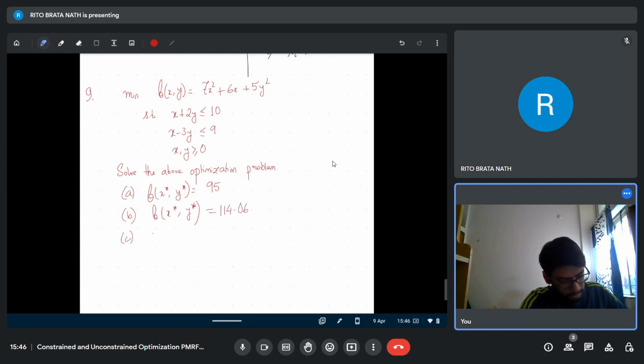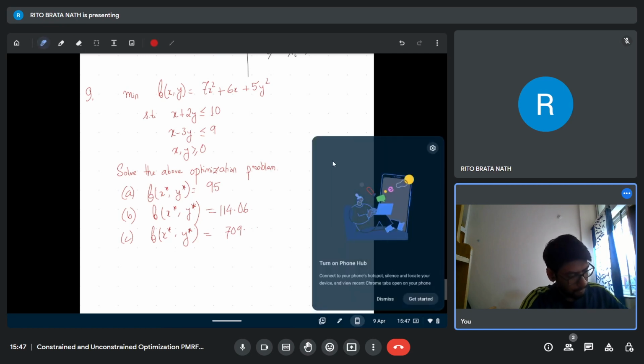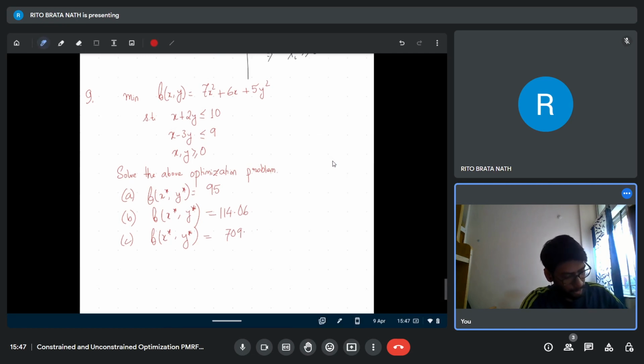C, f(x star, y star) was 709.2, and option D is 1009.